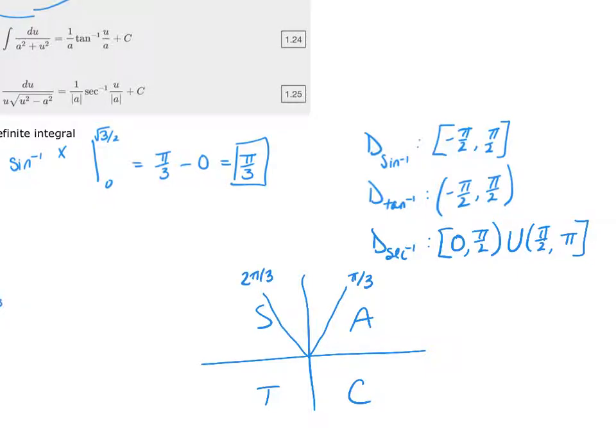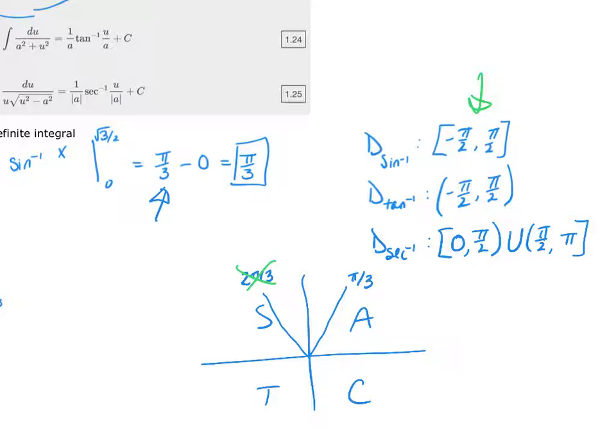So it is tempting to write 2 pi over 3 here, but I don't get to because 2 pi over 3 is not part of this domain. So I don't get to include that. So pay attention, when you're doing this, to where your inverses are defined.